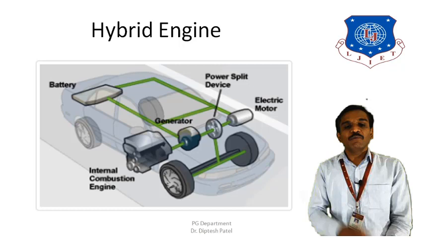The IC engine would provide power as well, which is connected to the common shaft, while the power split device splits the power, right? It takes power either from the IC engine or the electric motor, depending on the driving conditions. So the power split device would split the power, and that would deliver this power to the front wheel.